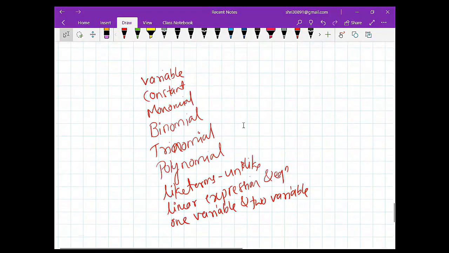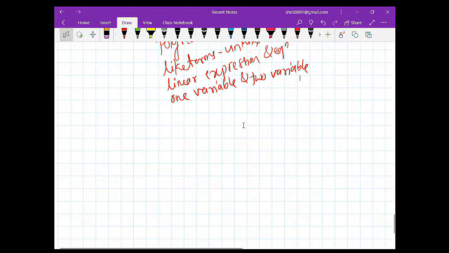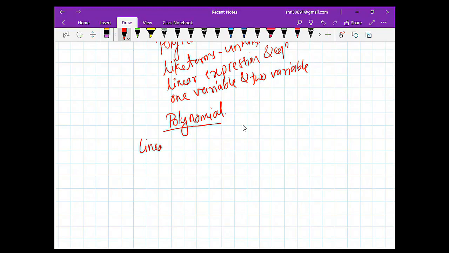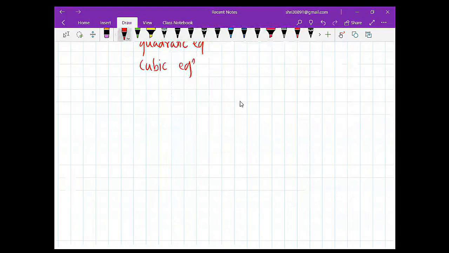In tomorrow's class, we will learn about the actual syllabus of the polynomial. First about the linear equation, then second the quadratic equation, and then the cubic equation. Thereafter, the zero of the polynomial.